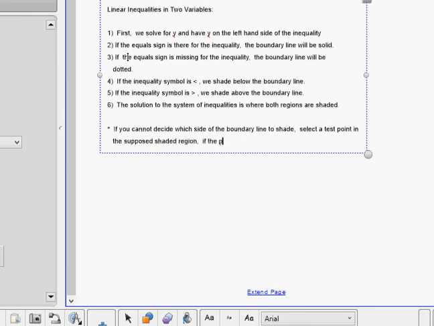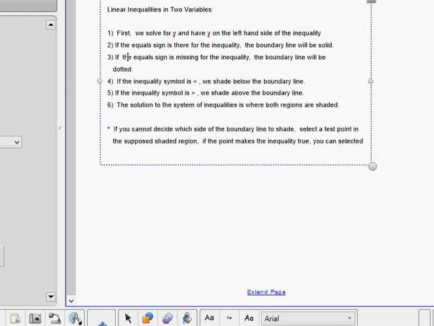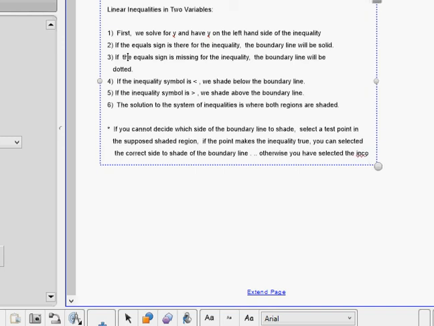If the point makes the inequality true, you have selected the correct side to shade of the boundary line. Otherwise, you have selected the incorrect side to shade.